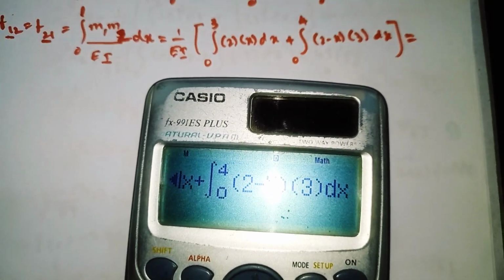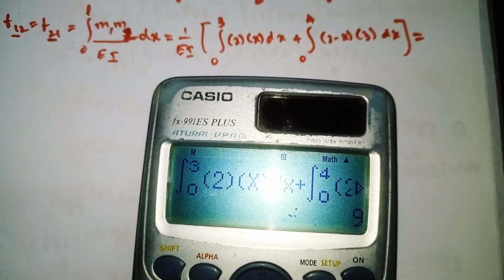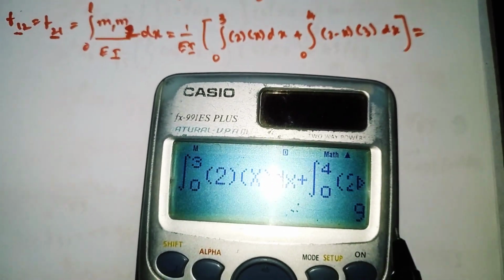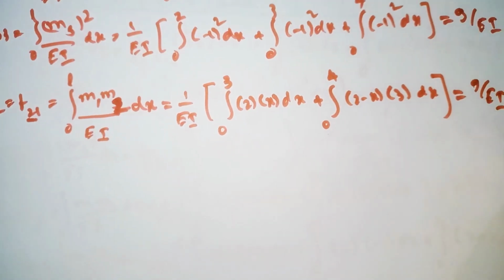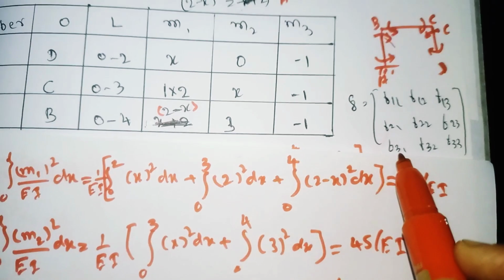So now solving it, our f12 value comes out as 9. So write it here, 9 divided by EI for f12 and f21.